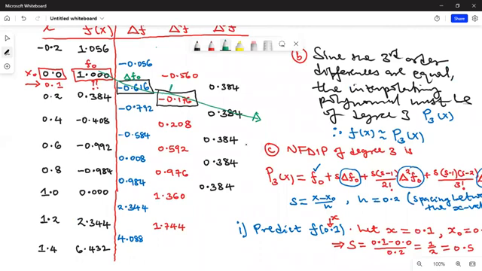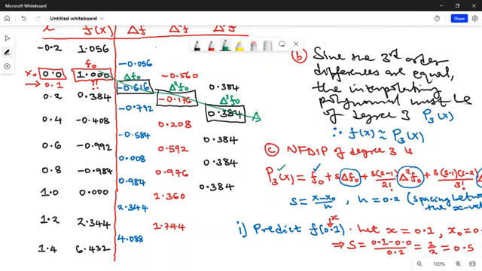And lastly, this other one is delta cubed f naught.